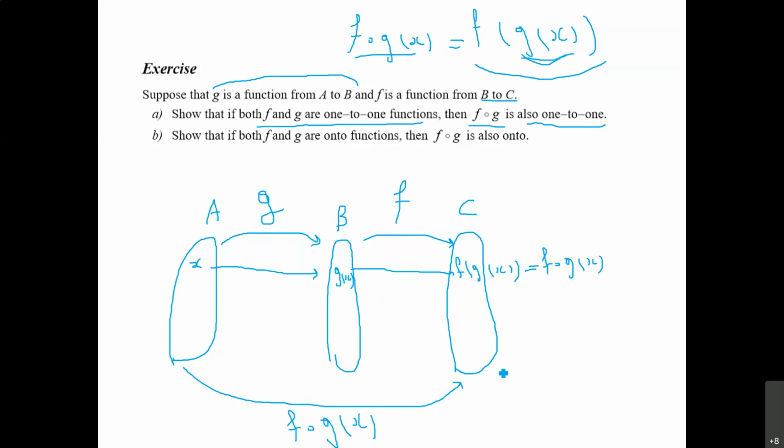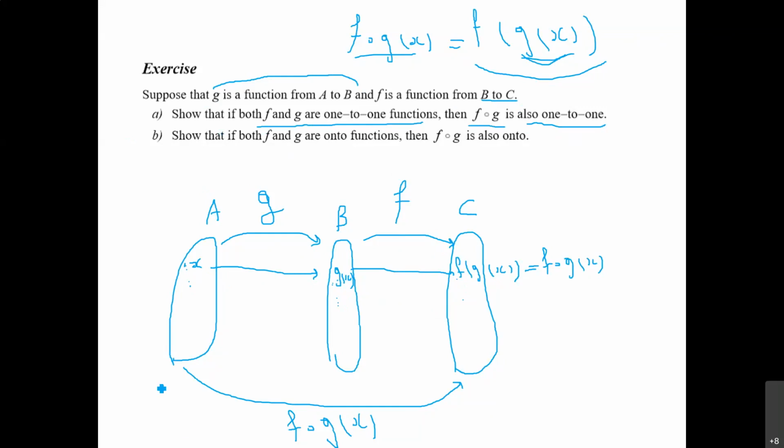So we're given that f and g are one-to-one functions. So they're injective. So there's no two elements here that point to the same element here. And there's no two elements here that point to the same element here. It's injective. Show that if f and g are one-to-one, then f round g is also one-to-one.